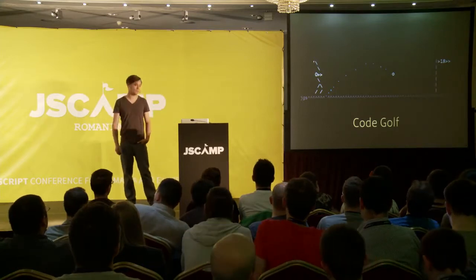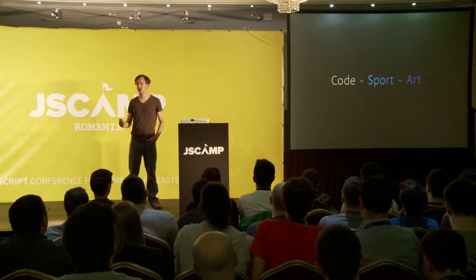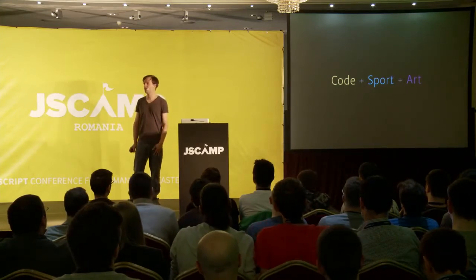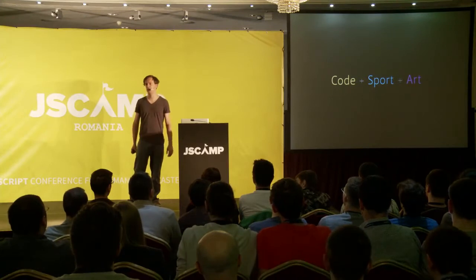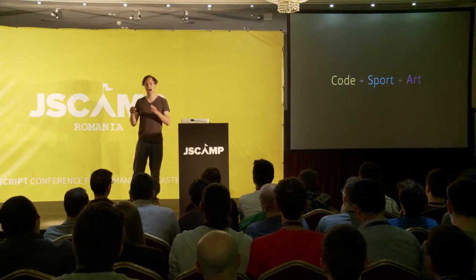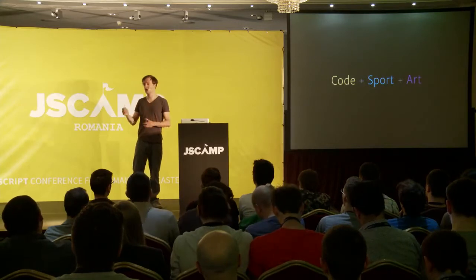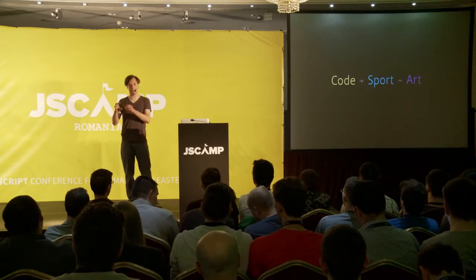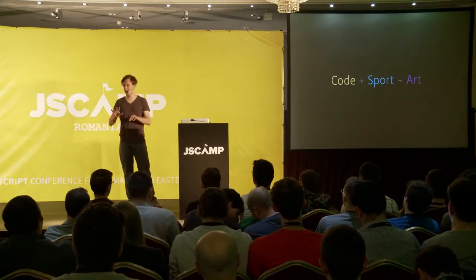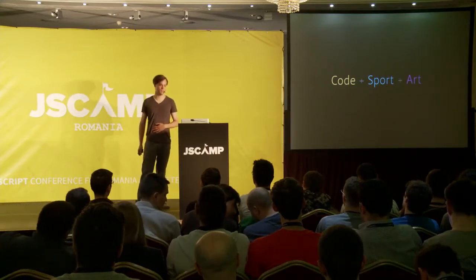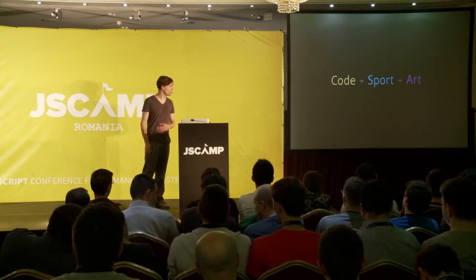This is a kind of code sport and artsy thing where you try to minify code, and the dwarf pattern is used as the strokes that you try to get into the hole. The hole is the problem you try to solve, and the strokes are the keystrokes, and you try to solve a problem with as few characters as possible.